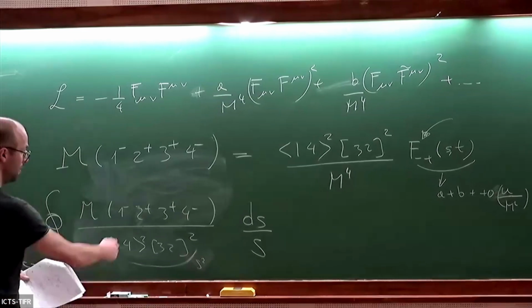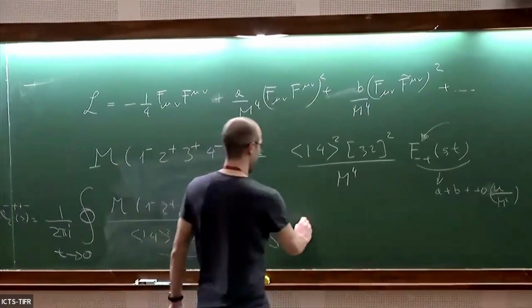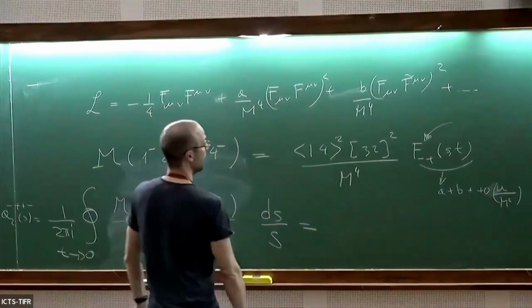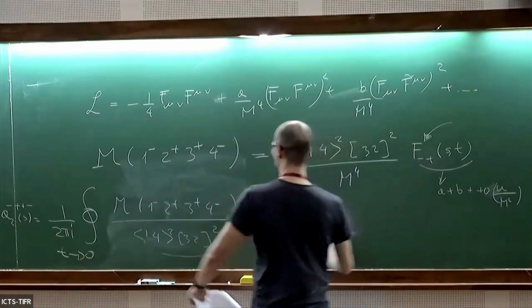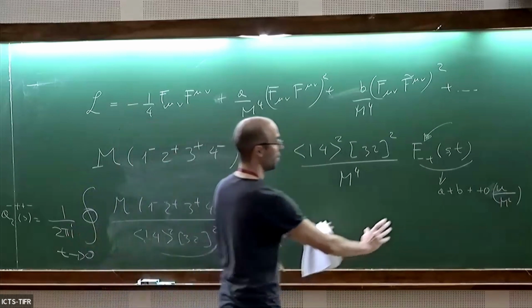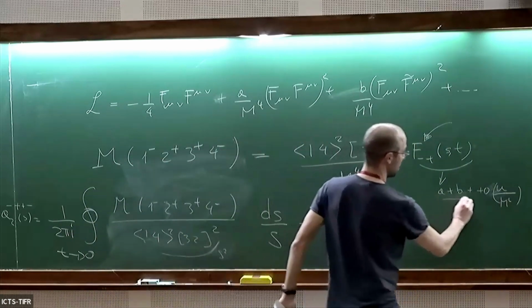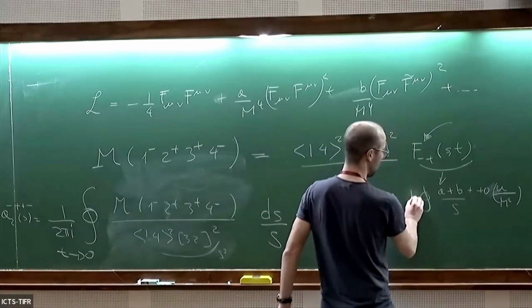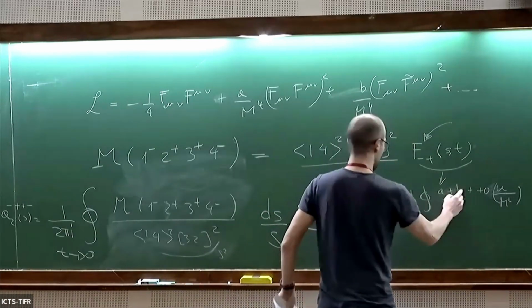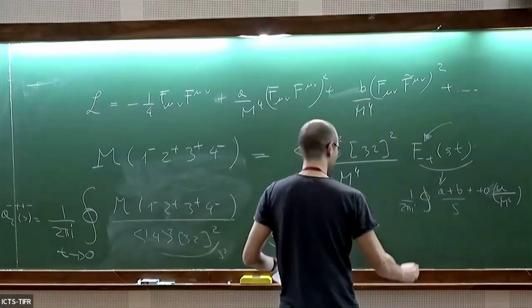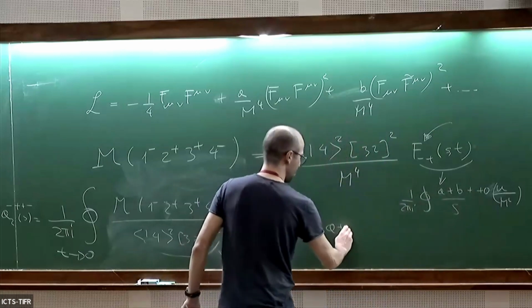And you run the same argument, since this one divided by this gives you this. It now has a pole in s, so basically it's dividing this by s, integrating this one like this. You learn immediately that this is going to give you a plus b.